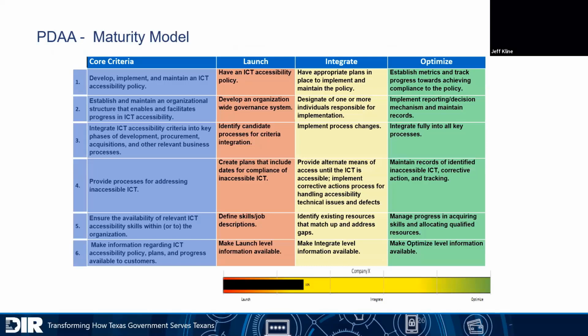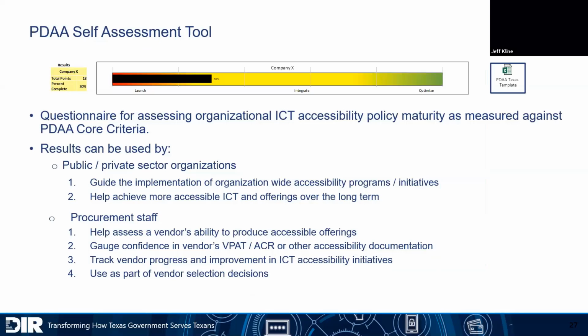It just populates this little bar chart and it shows them where they are in their journey towards optimized accessibility. And on this slide, the full template is over there to the right next to the bar. You can see a little bit more about the bar. I think there's 61 questions, 61 total points, and then we convert that into a percentage, of course.